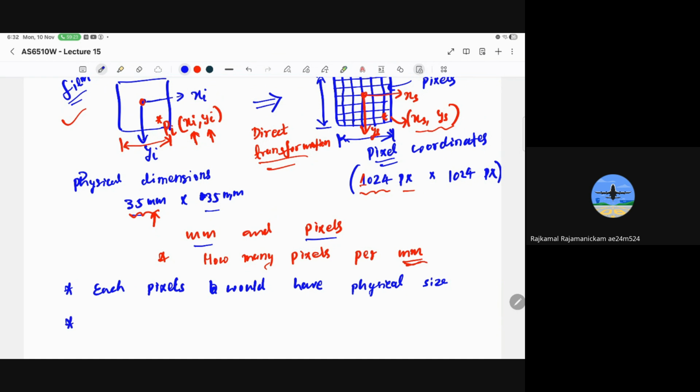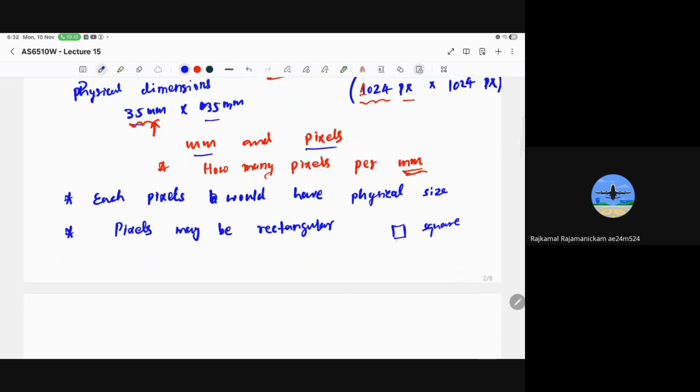The other thing is that the pixels may be rectangular. A particular pixel may be square, which means whatever its size in millimeter, it will have the same size in both this direction and this direction.